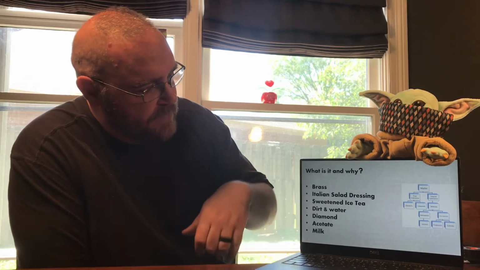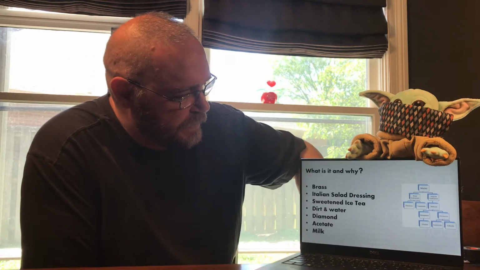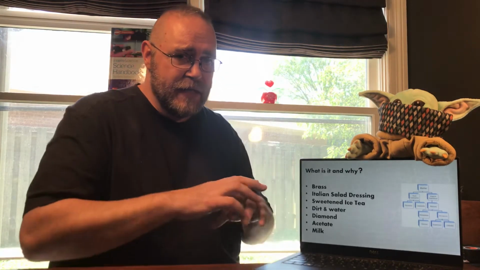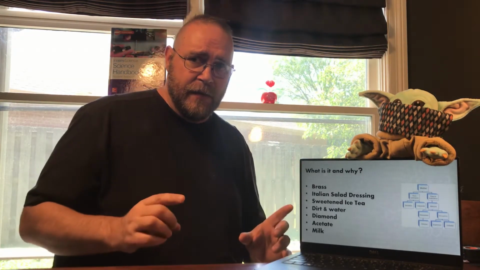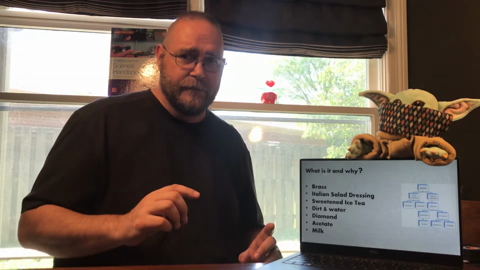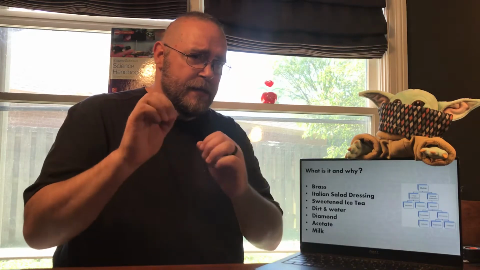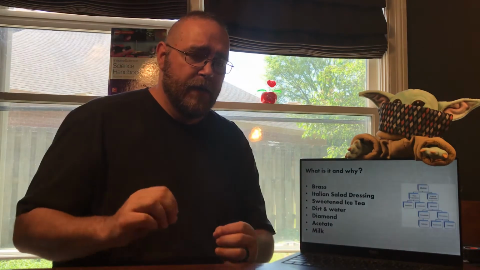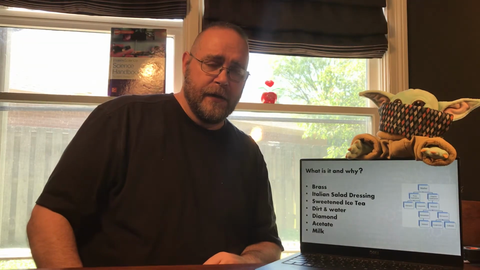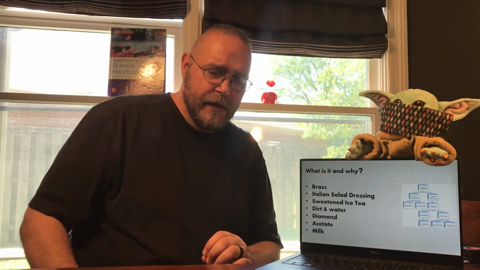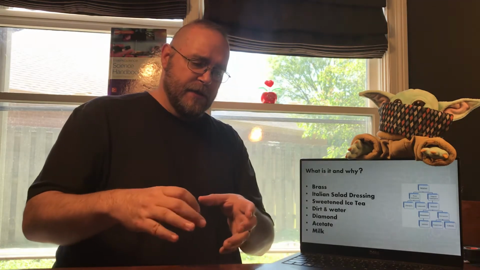And the last one we have here is milk. While milk may look like it is even throughout, you're tempted to say that this is a homogeneous solution, because you can't see all the little bitty particles that are in there. However, it is a heterogeneous mixture, and it is a colloid. The only way you can really determine this is to look at the substance under a microscope.